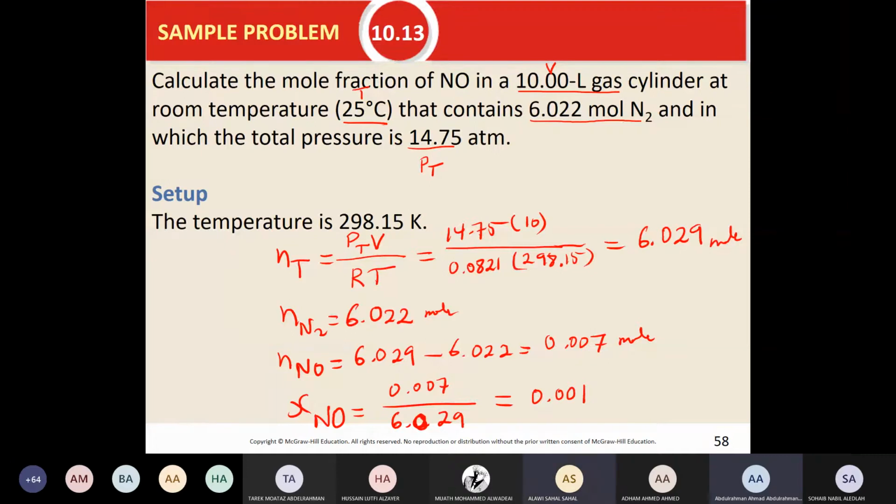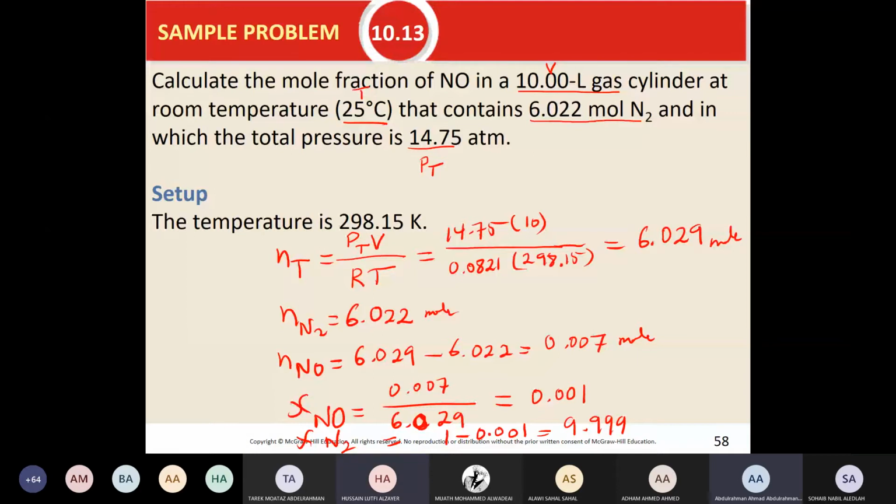All right. So what will be the mole fraction of N2? 1 minus 0.001, which is equal to what? 9.999. Is this clear? Any question?